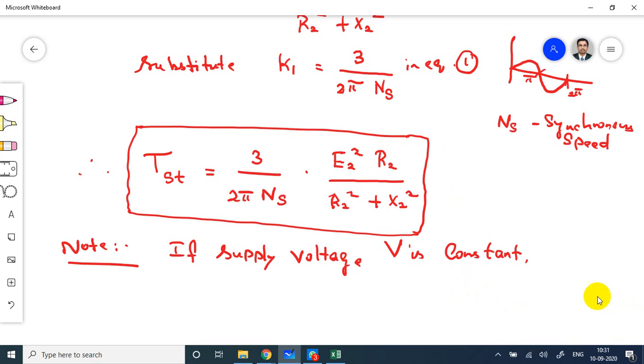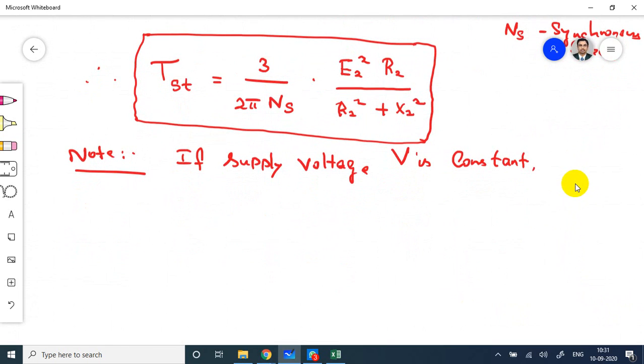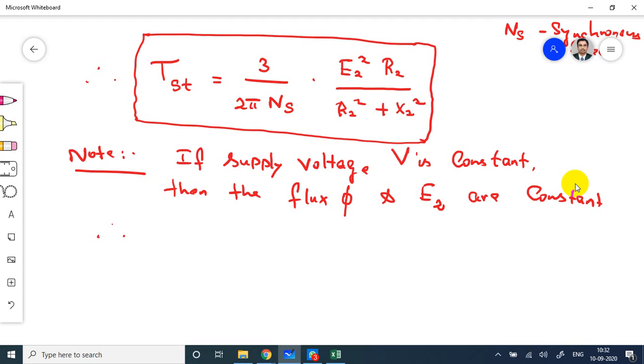Okay, if the supply voltage V is constant, then the flux phi and the rotor EMF are both constants. Both are constant.